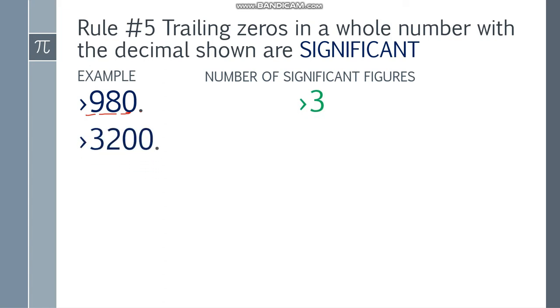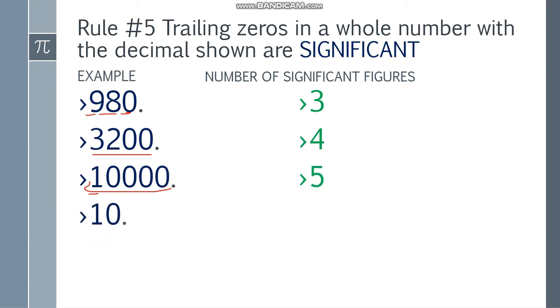Next one, 3,200 with a decimal point, so all of them are considered significant. 10,000: the 1 is really considered a significant number, and we have zeros, but there's a decimal point, so all of the zeros are also considered significant. So 5. 10 with a decimal point will be 2 significant figures. And lastly, 7,050. Since there's a decimal point, all of them are considered significant: 4. Again, if there's a leading zero, we will not consider it as significant.